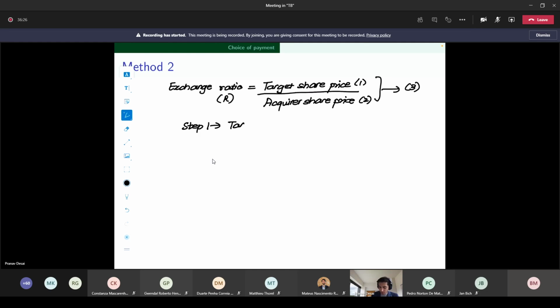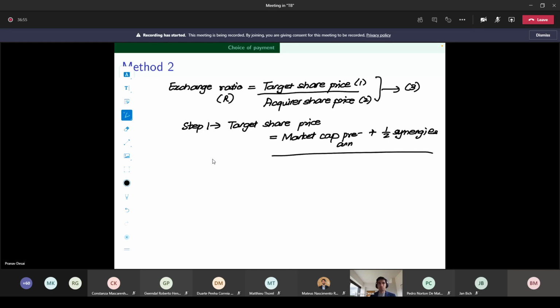is target share price. The way we identify that is simply the market cap pre-announcement plus half of synergies, because that is the deal that we agreed to, divided by the number of outstanding shares.